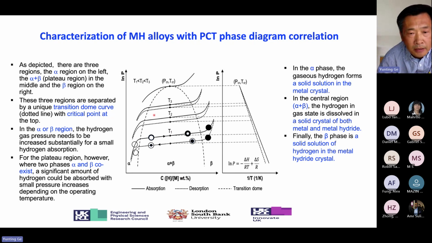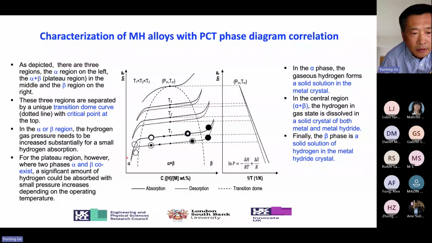On the top, this point, similar to our refrigerant, is what we call the critical point. From the critical point, you have a dome line. These two lines separate the whole region into 3 regions, similar to the refrigerant's liquid, two-phase and vapor regions.